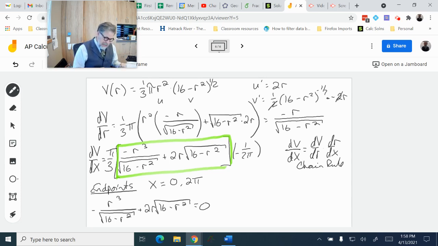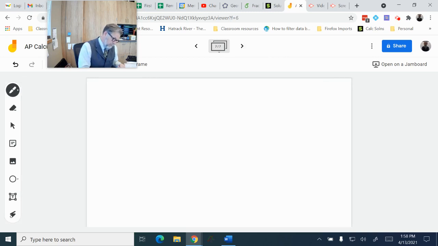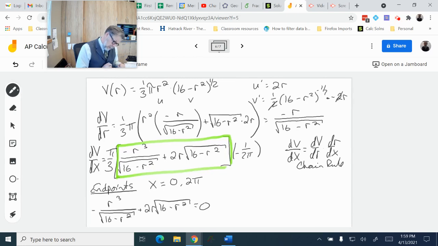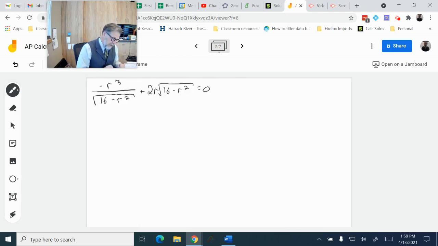Let's do a little bit of algebra here. So I'm going to copy this over to the next page. Negative r cubed over square root of 16 minus r squared plus 2r times the square root of 16 minus r squared equals 0. Checking back to make sure I did it right. Good.